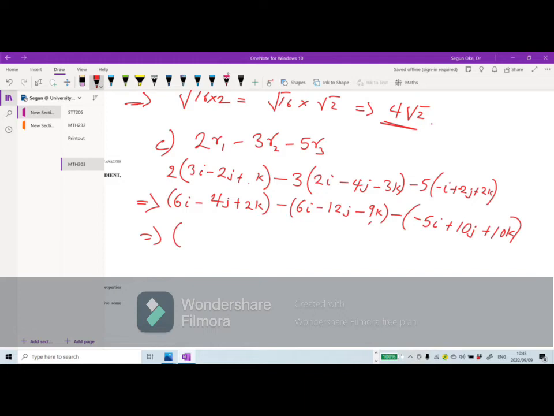If I take it component by component, I will have 6i. But now, this is where the question you were asking the other time comes to play. Let's open the brackets. 6i minus 4j plus 2k.